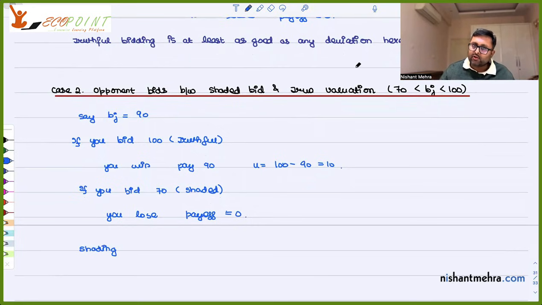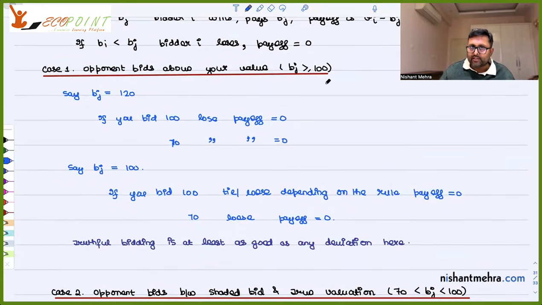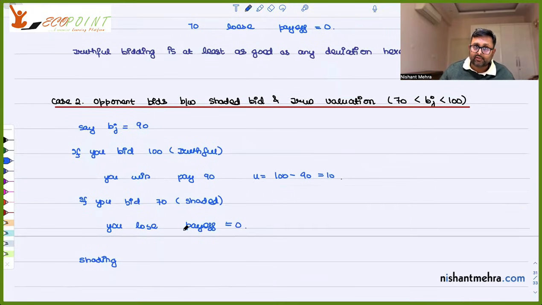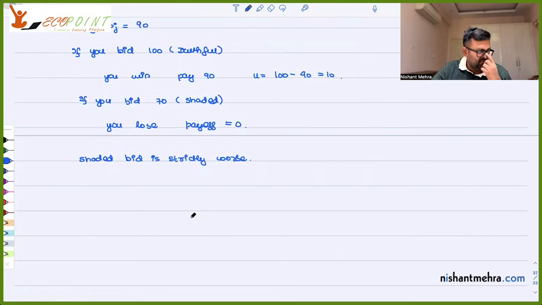So in the first case also, true valuation was a weakly dominant strategy. Here it is a strictly dominant strategy. Strictly worse.